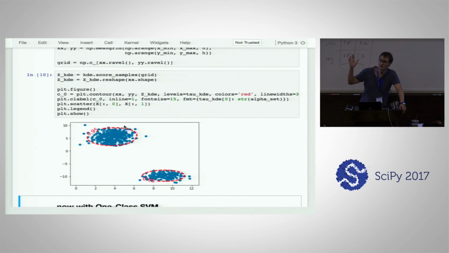Someone has to tell you, if you need to decide this is an anomaly, this is not, you need to set a threshold about the contamination level of your data set. You can keep the continuous value, and start by looking at the points which have the lowest probability, the ones more likely to be an anomaly. But if you need to threshold, you need to do so based on a fraction, a percentage of anomalies that you can assume in your data.